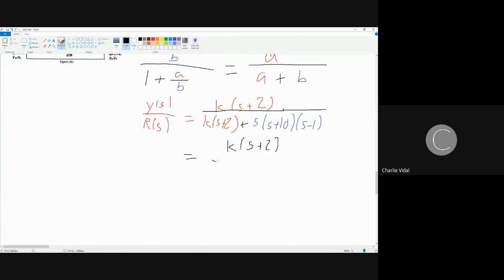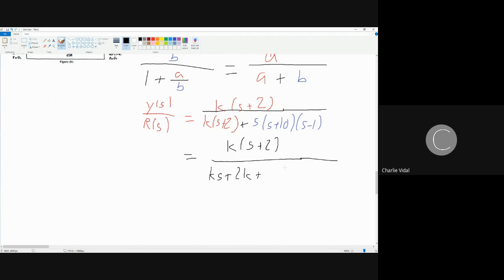We're going to have to distribute it at the bottom anyway. So you could do it like this, ks plus 2k. Or you could do it one at a time first and then order it properly.